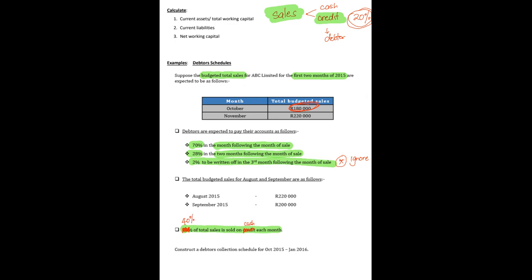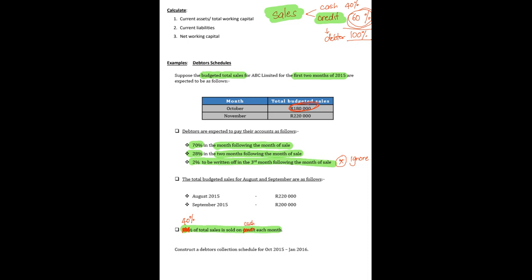So if 40% is in cash, then that would automatically make the remaining 60% on credit. So you need to be able to identify that, because that in total gives you 100% of your sales. If they're saying a certain percentage is in cash, then automatically the difference between that 40%, for example, and 100 is 60%, which is on credit.